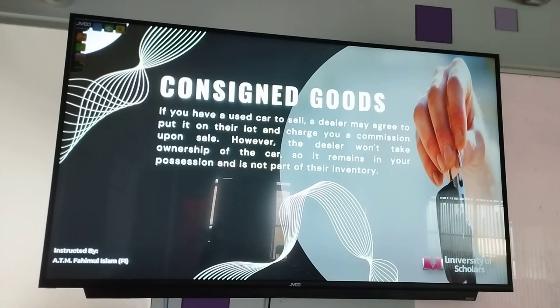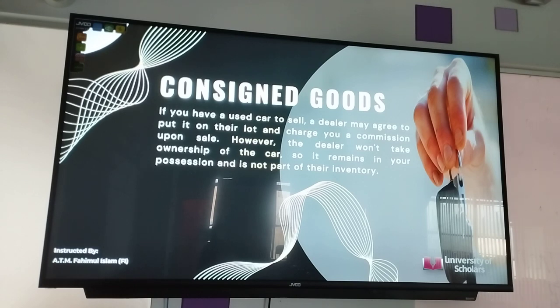Even if you don't have the car in your parking lot, they're just keeping it to sell, and that's not their inventory, it's your inventory. You have to record inventory in your accounts for keeping that car in the dealer's parking lot. So that's an example of consigned goods.